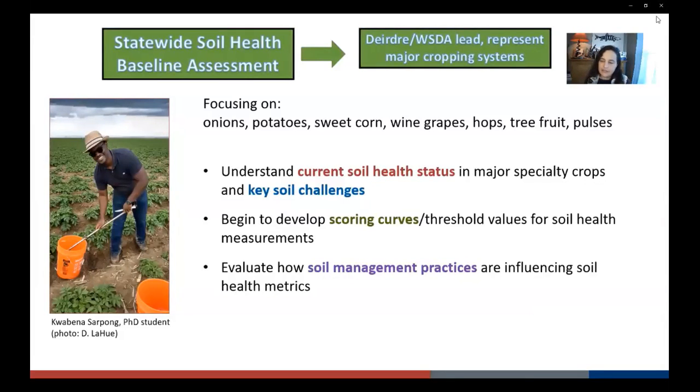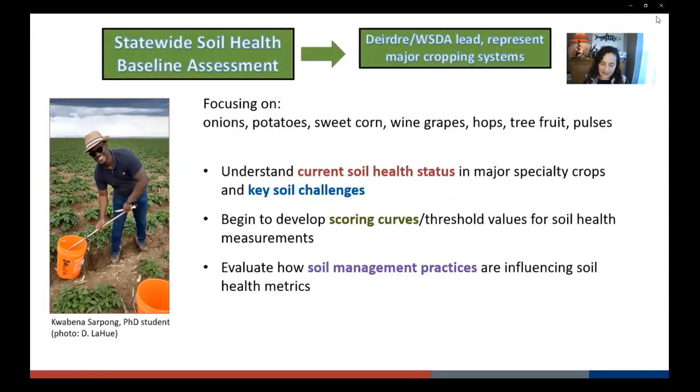We're focusing on onions, potatoes, sweet corn, wine grapes, hops, tree fruit, and pulses to try to understand the current status and develop scoring curves and threshold values for soil health measurements. So if you get a soil health test result, you can understand what that means and how it compares to other fields growing a similar crop. And you can begin to evaluate how soil management practices are influencing these metrics.